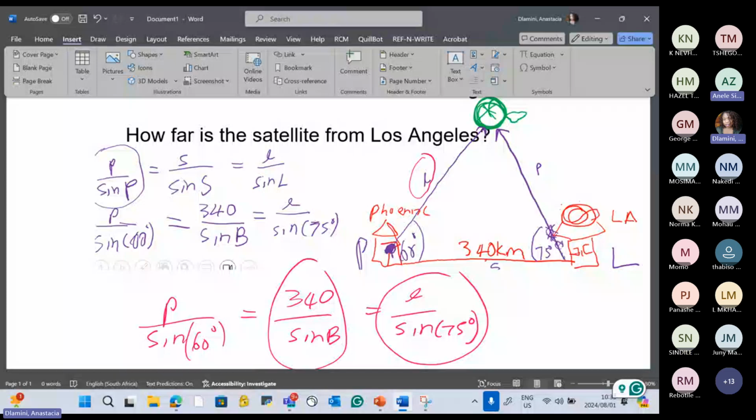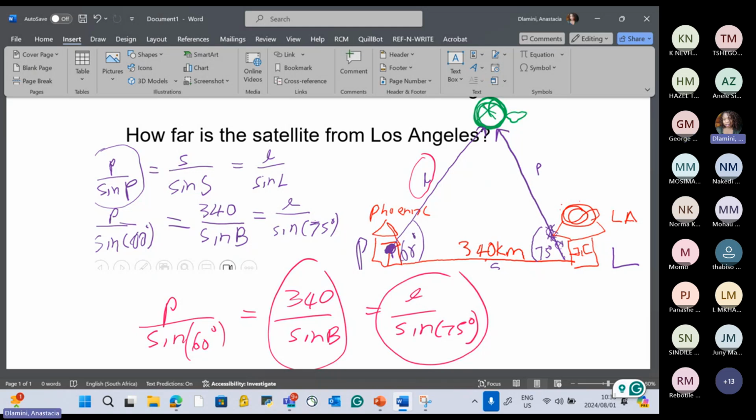There's a value that we have to find first before we can find the value of L. So it's not easy for us to find L. And because it's an oblique triangle, not a right angle triangle, we cannot use Pythagoras theorem. With Pythagoras theorem, it's easy when you have two sides, but with this one, it's an oblique triangle, so it's not easy to find L. Are we all together?